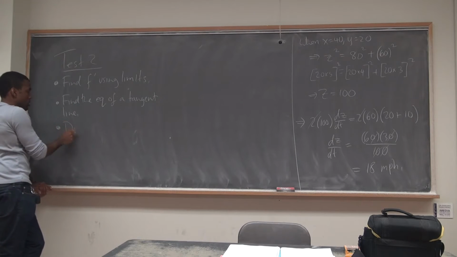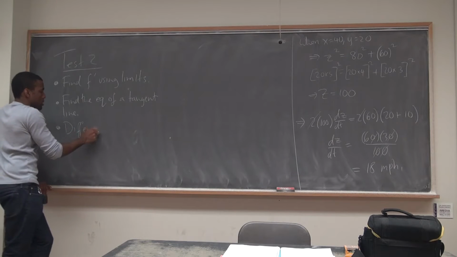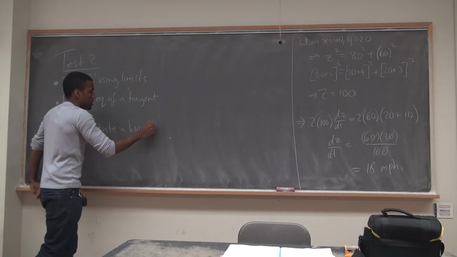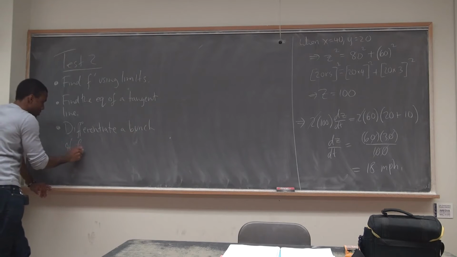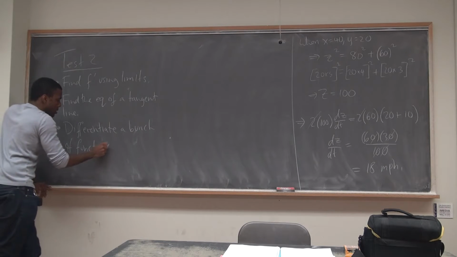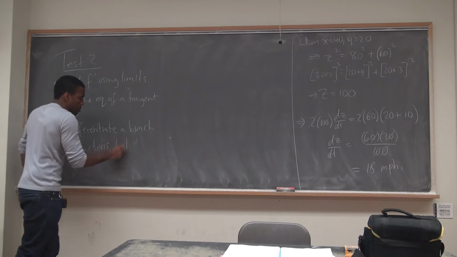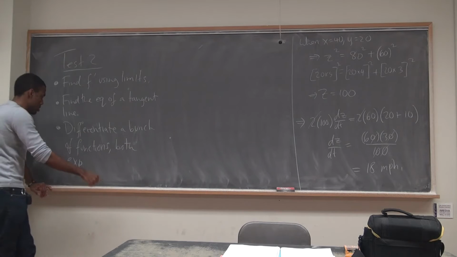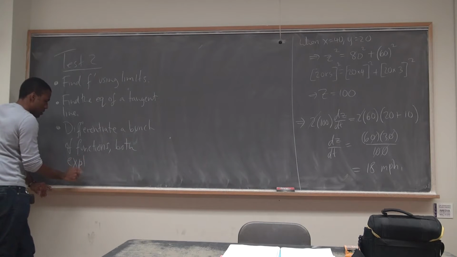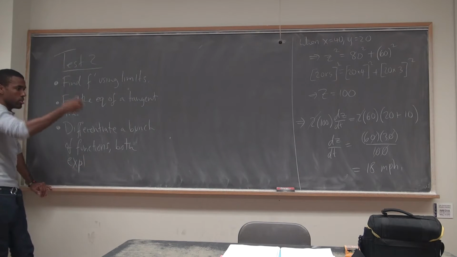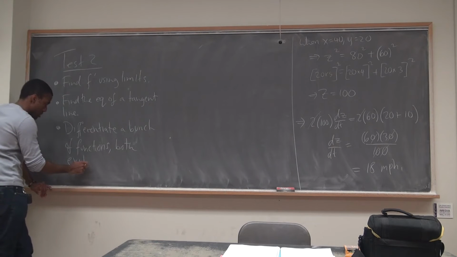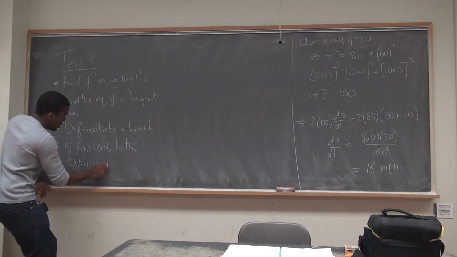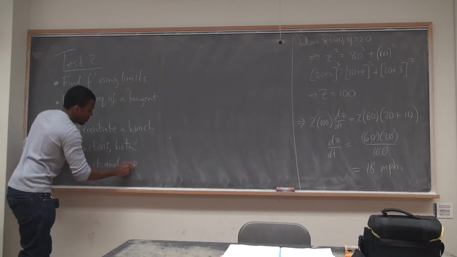Of course, you're going to have to differentiate a bunch of functions, both explicit and implicit. Kind of like problem 1 on the past finals, where they have parts A, B, C, D, differentiate all these things. Yeah, there's going to be a problem like that. Explicit and implicit.